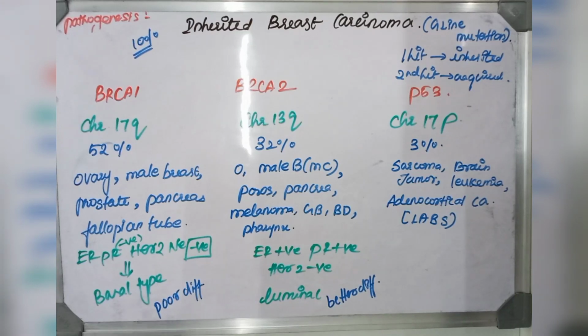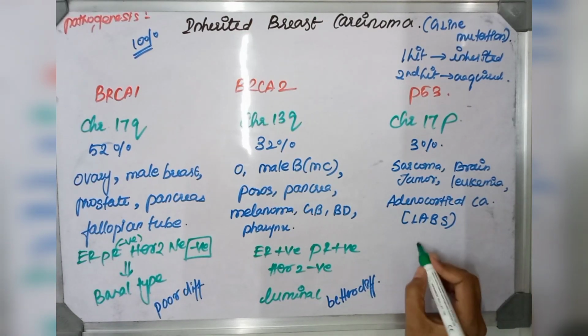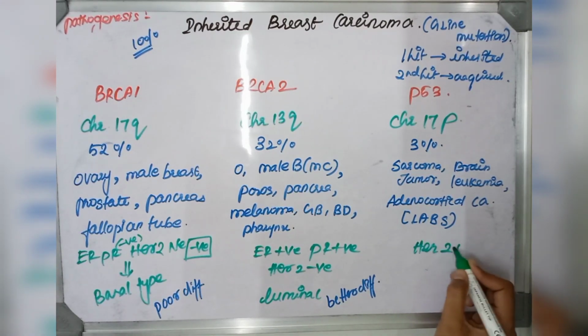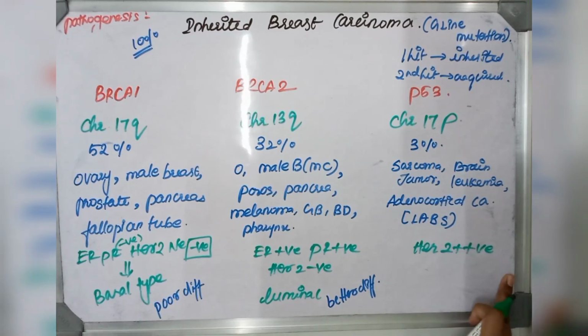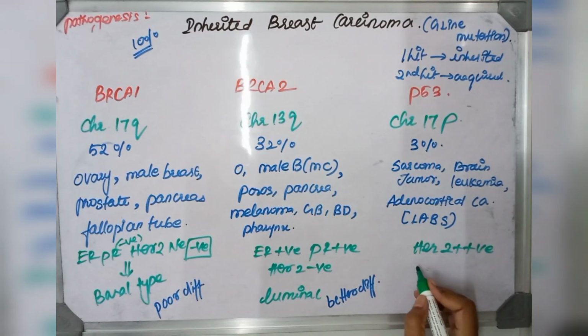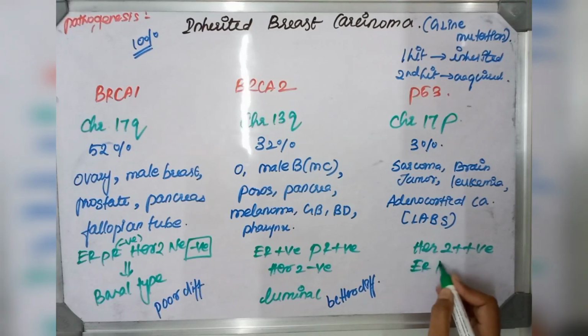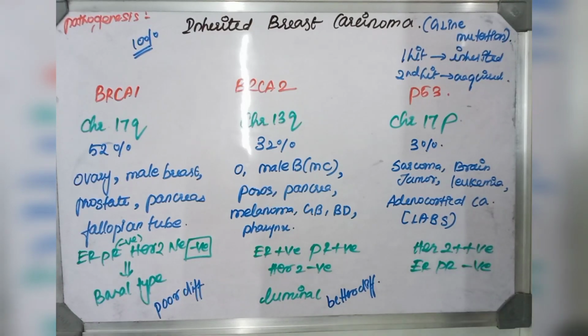Okay, and here it shows HER2/neu positive. So HER2/neu positive means it is ER PR negative, which indicates that this is the HER2/neu enriched. That's it. This is all about the carcinoma of the breast, the pathogenesis.